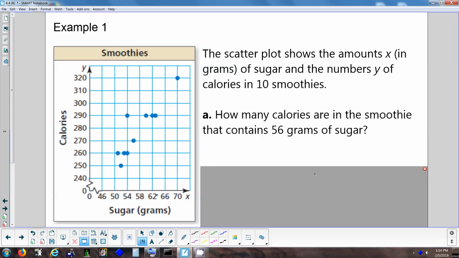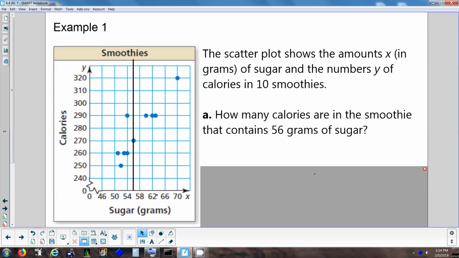Joe, how many calories in 56 grams of sugar? How could you use that graph to figure it out? So you go on the x-axis where the numbers are, and then you try to find where 56 would be. Okay, let's try to find 56. The way I'm going to do it is I'm just going to make a line to give me a guide. It'd be right about there. Then follow it up.